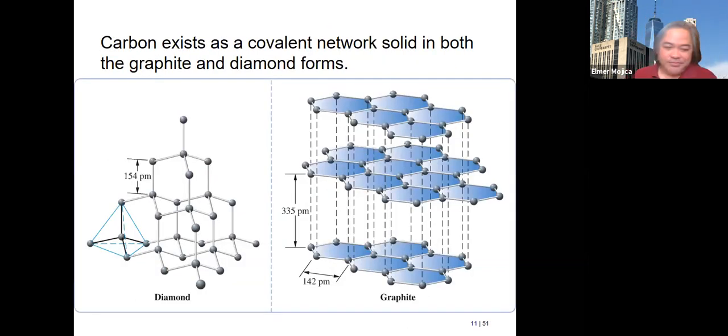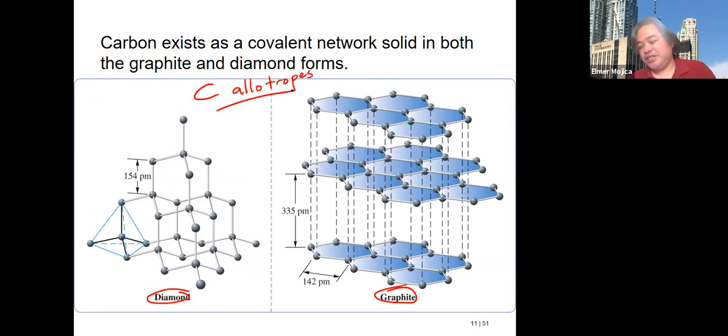Now, for carbon, they're just made up of what? The diamond and graphite. These are the so-called allotropes. But if you're going to compare the behavior of the two, your diamond is what compared to the graphite?